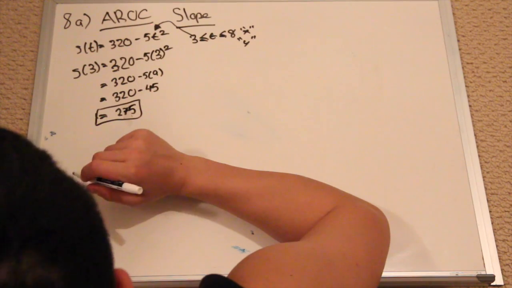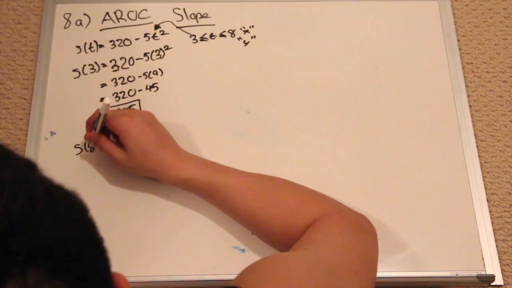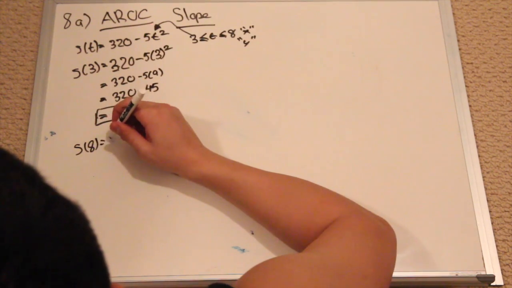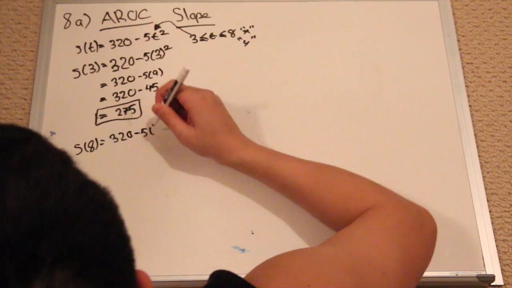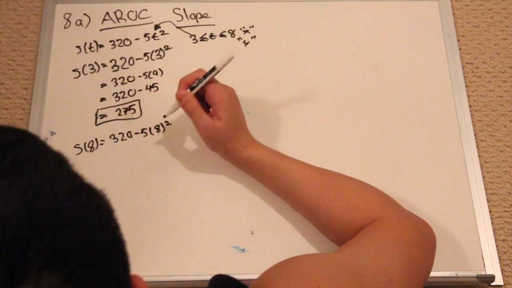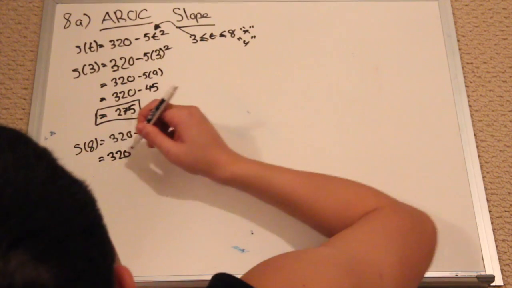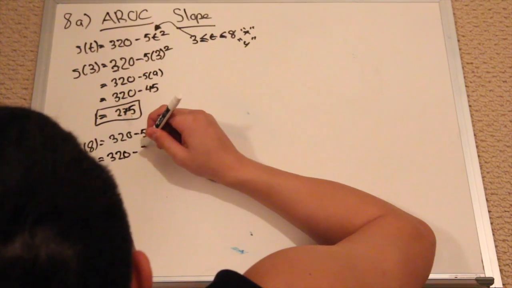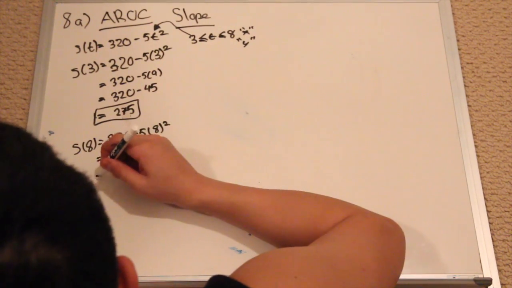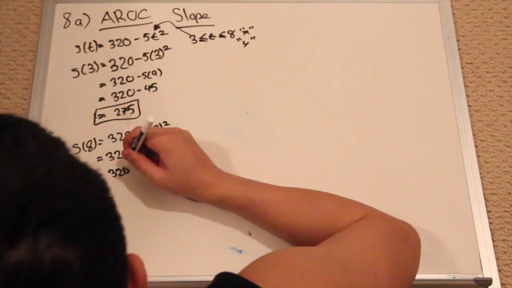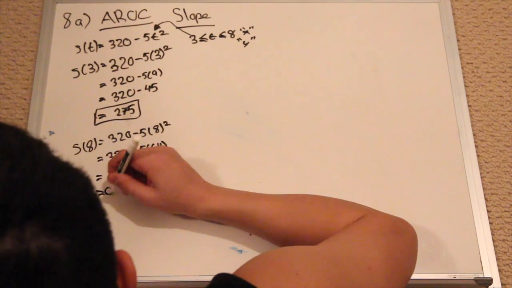So what we did to the 3, we're basically going to do the same thing for the 8. So s of 8 is equal to 320 minus 5 times 8 squared, which is 320 minus 5 times 64, equals 320 minus 320, which is equal to 0.